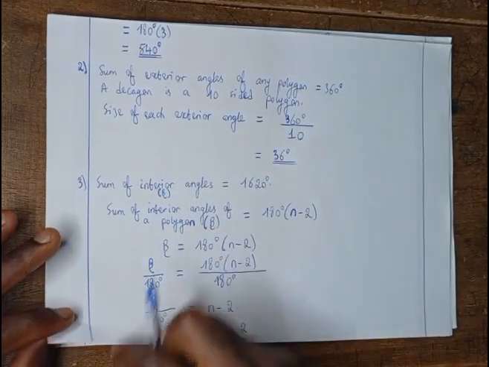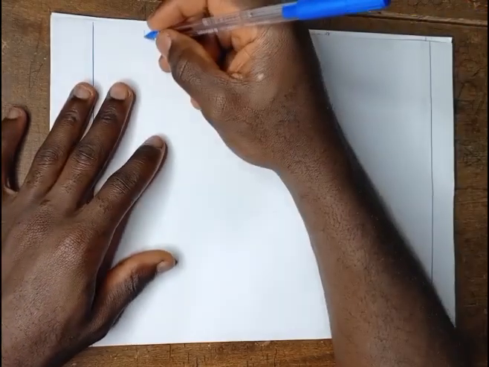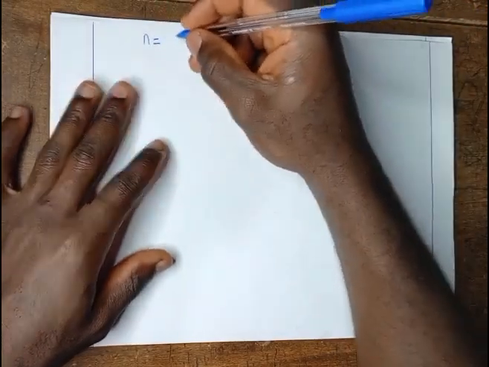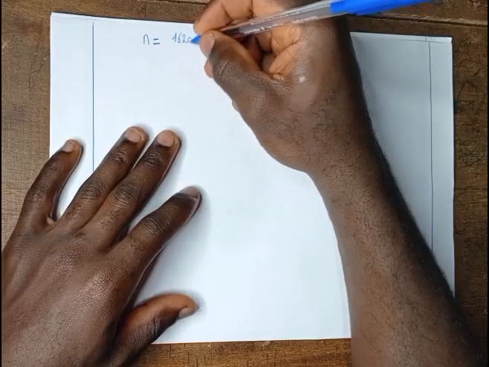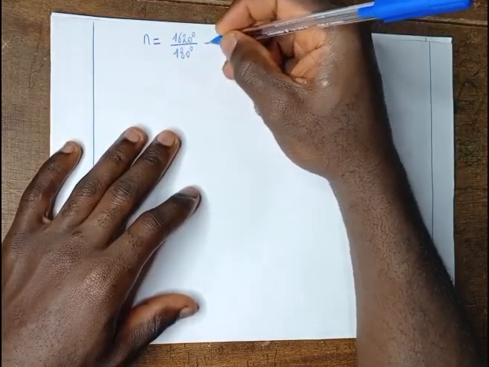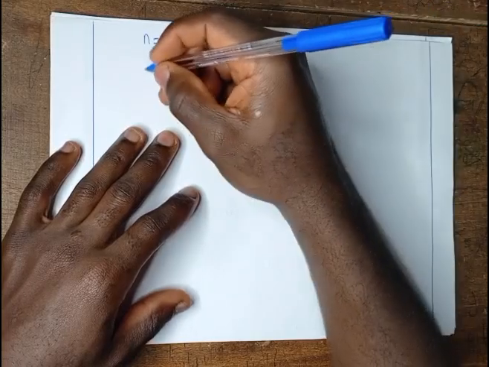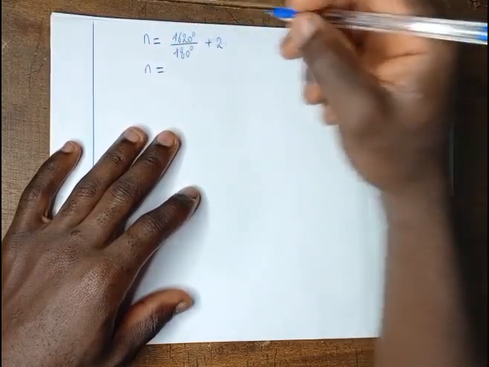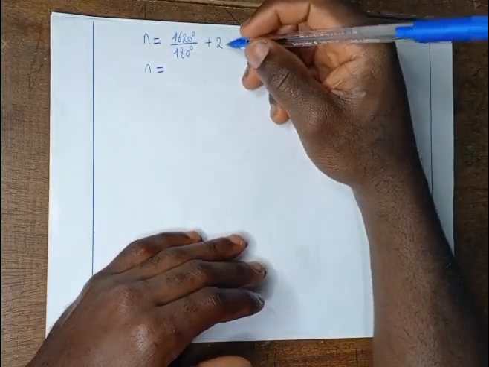We are going to replace it. This will give us n, the number of sides, to be equal to 1620 degrees over 180 degrees plus 2.